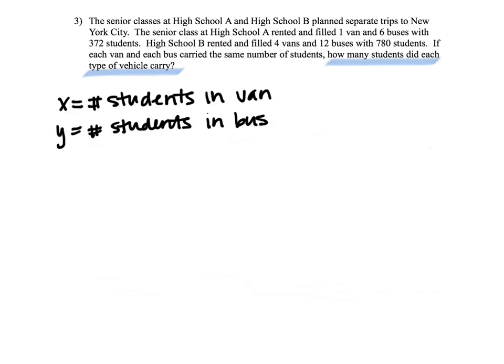High School A rented and filled 1 van and 6 buses. So 1 van we can talk about as X. And 6 buses we can say as 6Y.